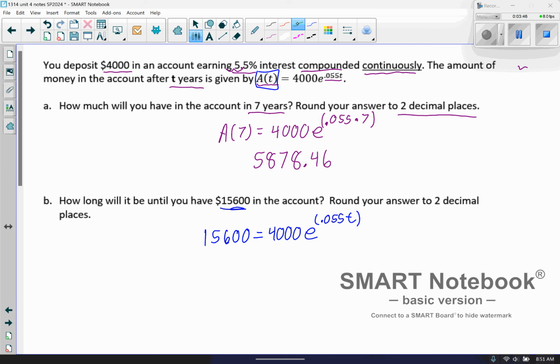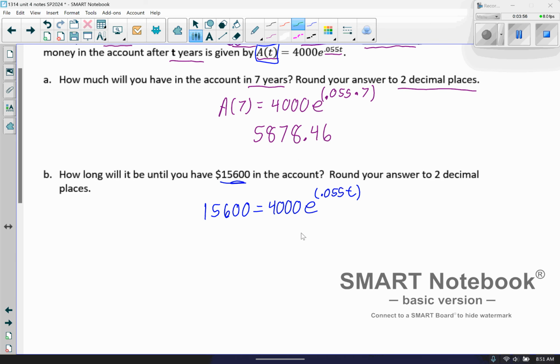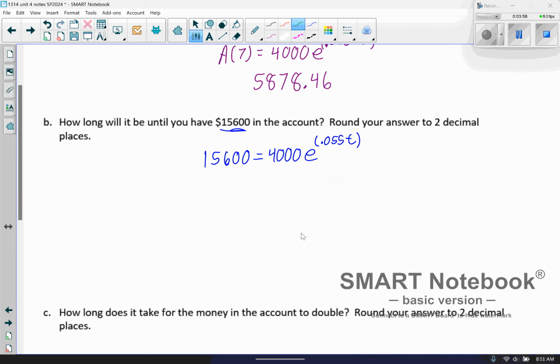You actually just got done doing some problems like this in the previous parts of 4.4. What you have to do first is isolate the base. That 4,000 right there is not part of my base. So I'm going to divide both sides by 4,000, and that'll cancel out.